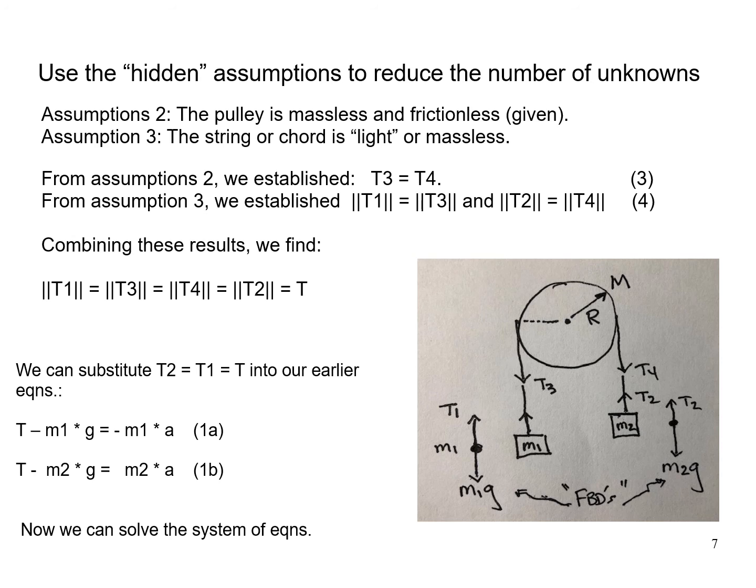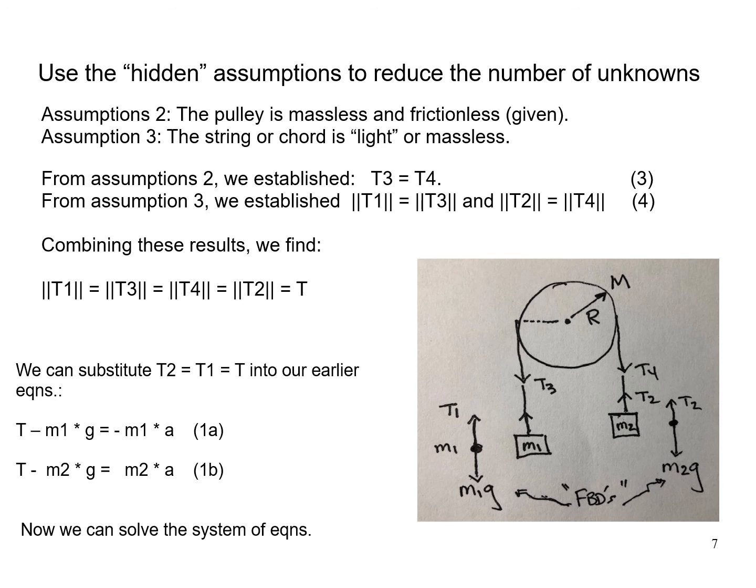That is, the magnitude of T1 equals the magnitude of T3, and the magnitude of T2 equals the magnitude of T4. Now, finally, we can combine both conclusions and show that the magnitude of T1 equals the magnitude of T3 equals the magnitude of T4, which equals the magnitude of T2.